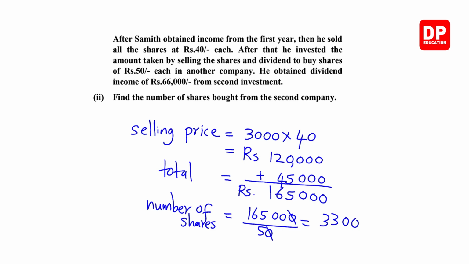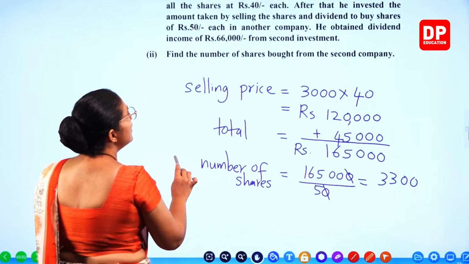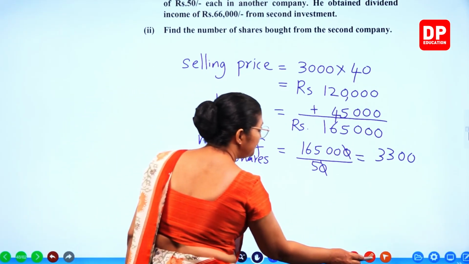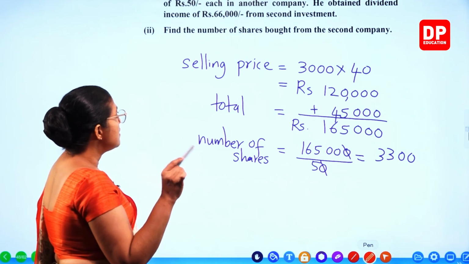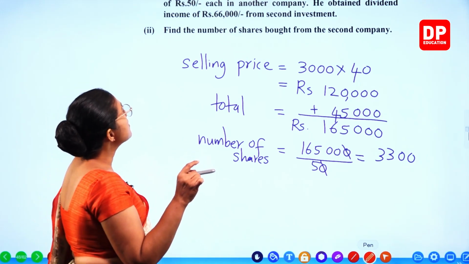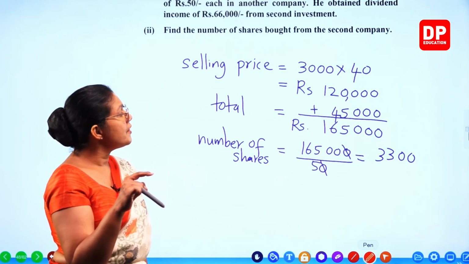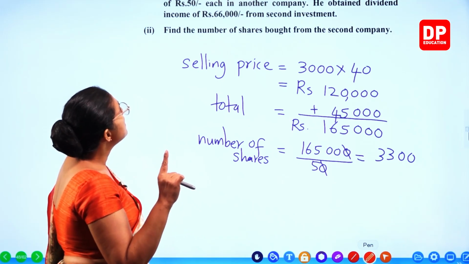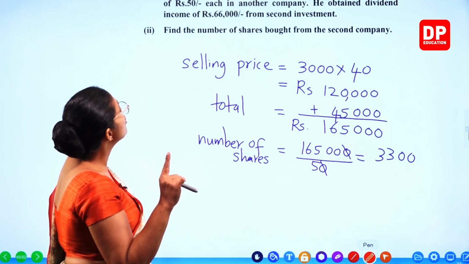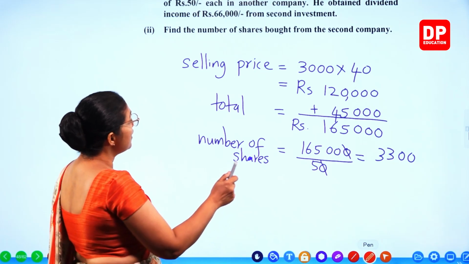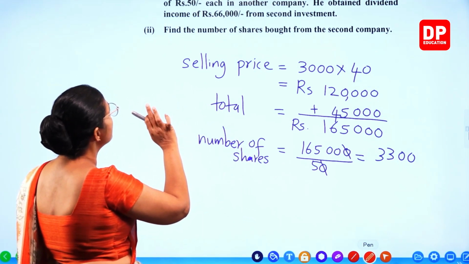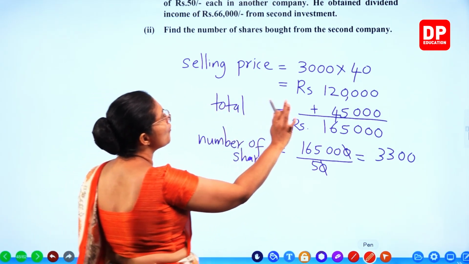Then it says he obtained income of 66,000 rupees as dividend income. So you can divide 66,000 by 3,300 and find the dividend income per share. So here in this part, you need to find the number of shares bought from the second company.